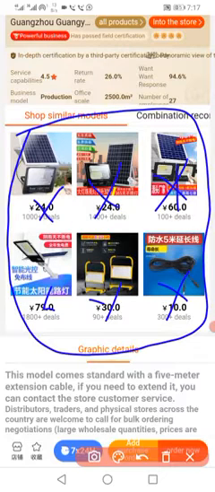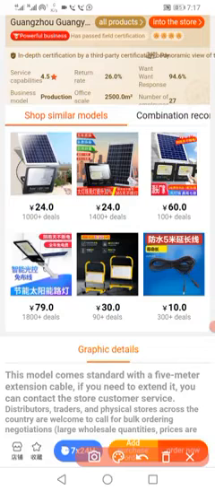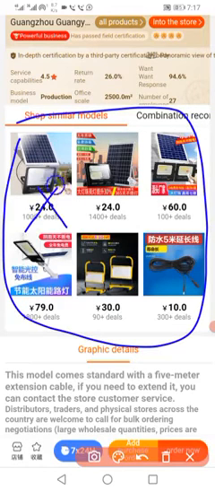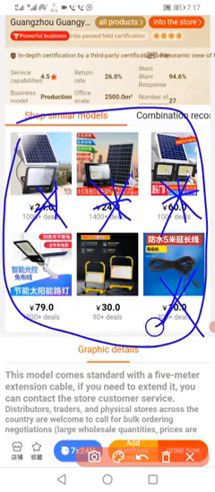For instance, let's assume here we have shoes, and we have a bag here, and here we have phones. Here we have gadget accessories, like different niches.